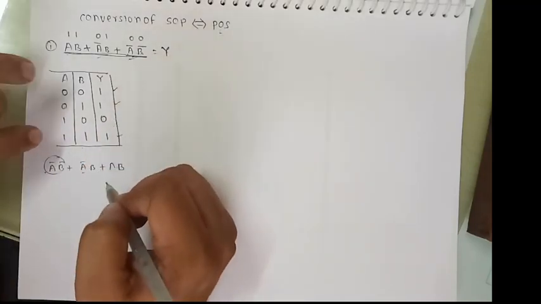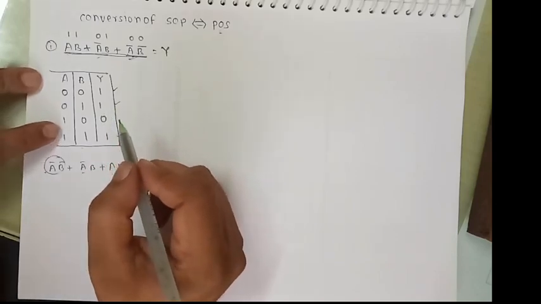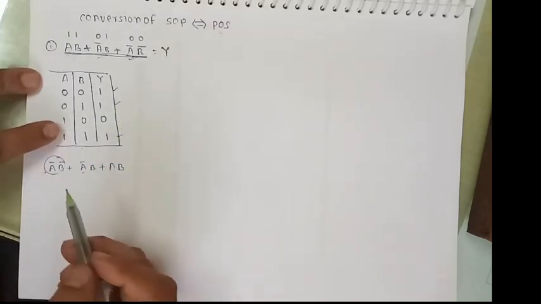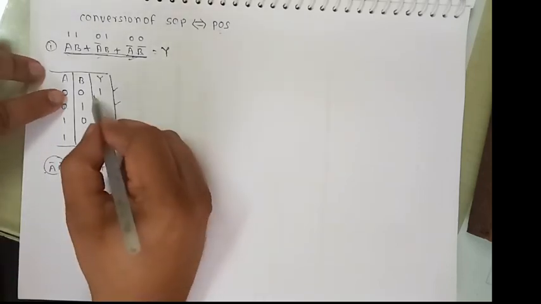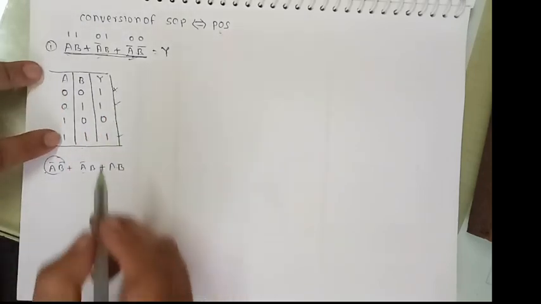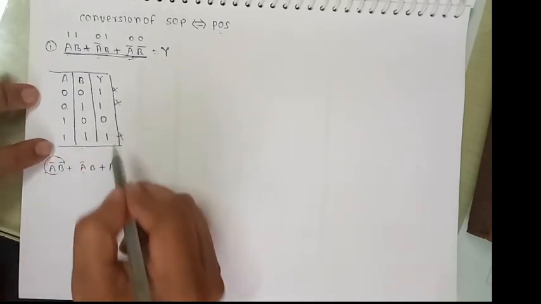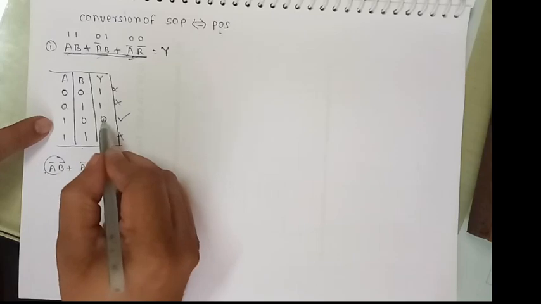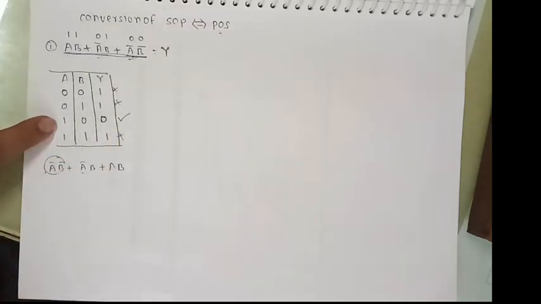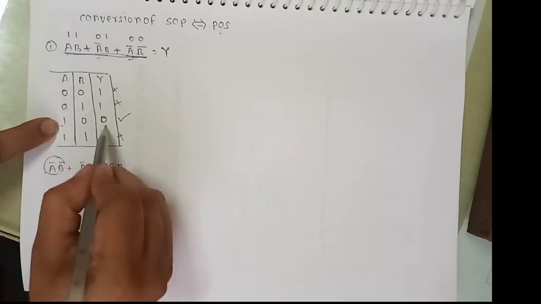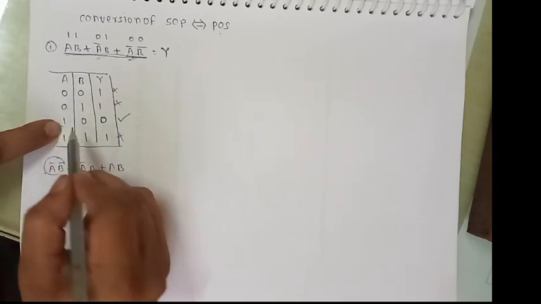For the POS equation, what are the stages? We have to consider those cases where output Y equals 0. Here the output is 1, so we neglect this case. Here also 1, so we neglect it too. Here the output is 0, so we select only this case, and for it we write the sum term.